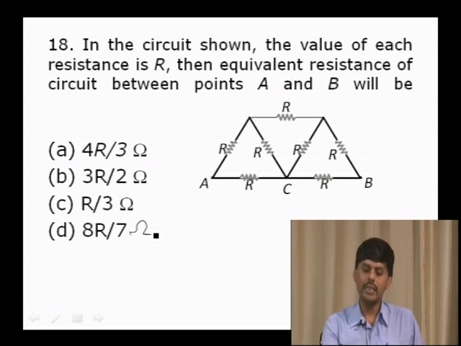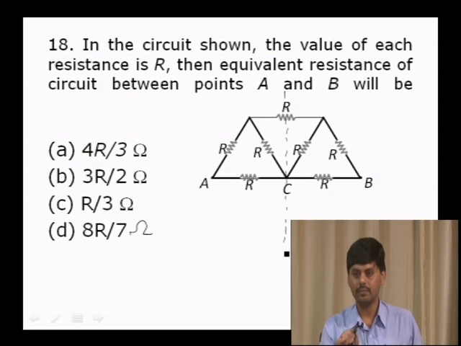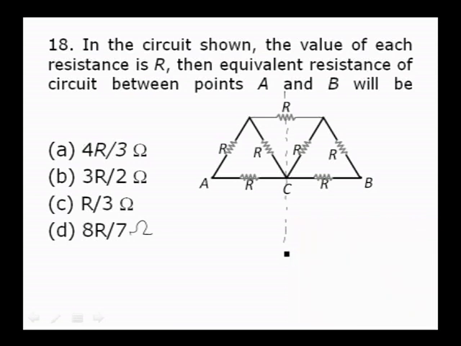See, for this I will draw one line at the middle of the circuit, assuming that this is a mirror. This is the object, this is a mirror, and the image will be formed at the back of the mirror. It means that whatever is on one side is identical in the mirror.